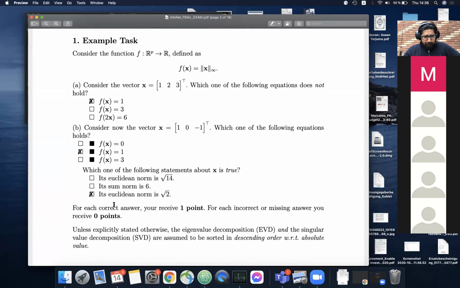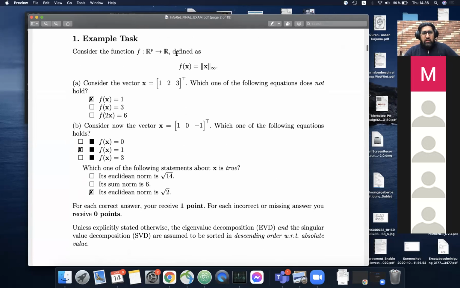An example task is like this. You have this formal definition of the function, and we want to say, consider the vector x, which one of the following does not hold: f of x is equal to 1, f of x is equal to 3, f of 2x is equal to 6. So the keyword is "does not hold." Definitely f of x is equal to 1 does not hold, right? It's pretty straightforward. Simple, straightforward questions like that.